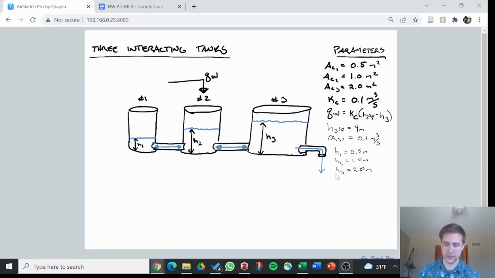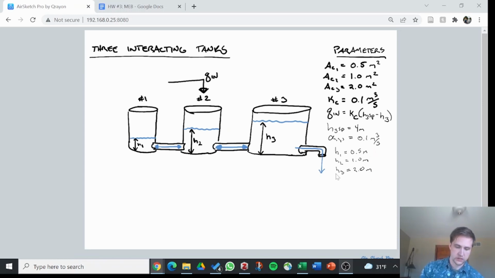Our set point is going to be 4 meters, and then our proportionality constant for all three tanks, 1, 2, and 3, is going to be 0.1 meters cubed per second. And then our initial heights for each of the fluid levels are 0.5, 1, and 2 meters for each tank.